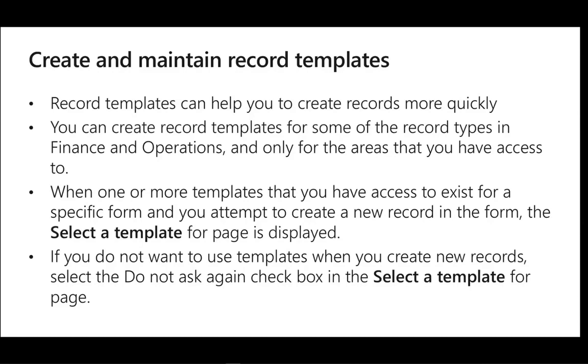From a security point of view, we can create record templates for some of the record types in Dynamics 365 for Finance and Operations, and only for the areas that we have access to. Another example: we need to enter rental information for a car rental business in San Francisco, because most customers are likely to be from the San Francisco area.